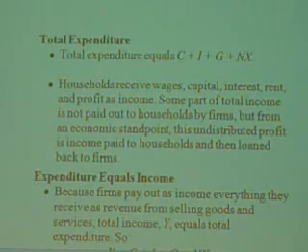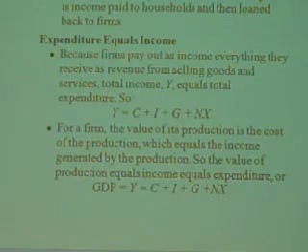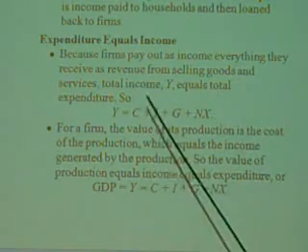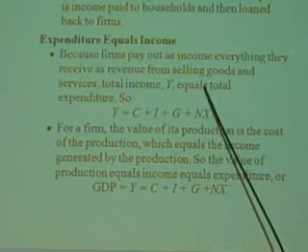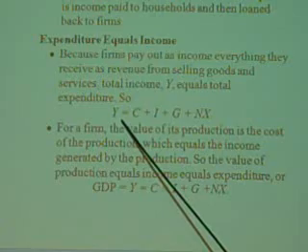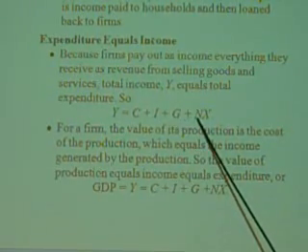So, looking at the total formula, what does it look like? For firms, corporations, those that pay out income, everything they receive as revenue from selling goods and services is total income, meaning Y. So in that case, Y is going to be C plus I plus G plus NX.